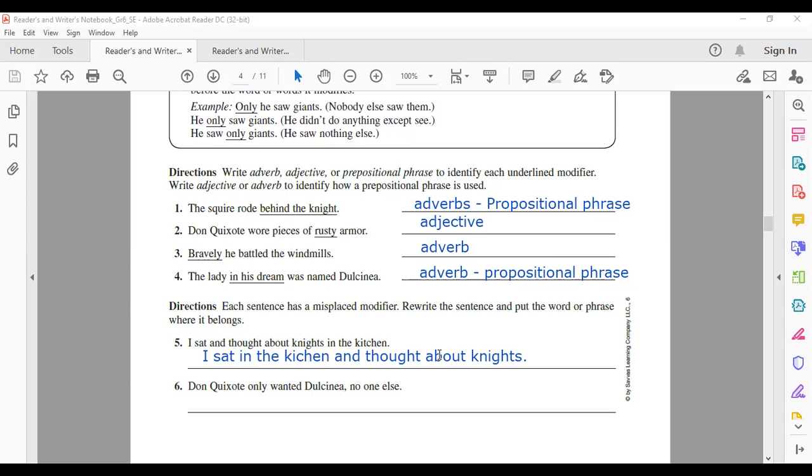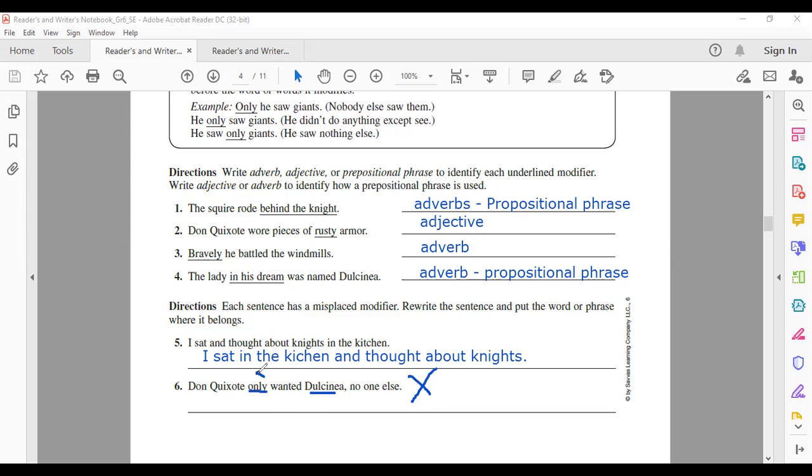No, I'm asking you here. In this sentence, when I put only here, it means that the only thing he wants in life is Dulcinea. He doesn't want to eat, drink, sleep, nothing. Is this true? No, it's not true. Why? Because he needs also something else. He needs to sleep, to eat, to go outside. But the only person he needs is Dulcinea. So the place of only here is wrong.